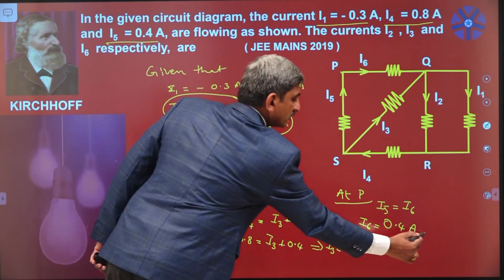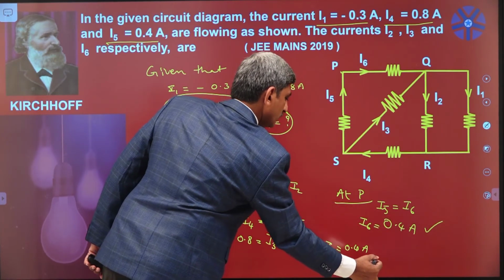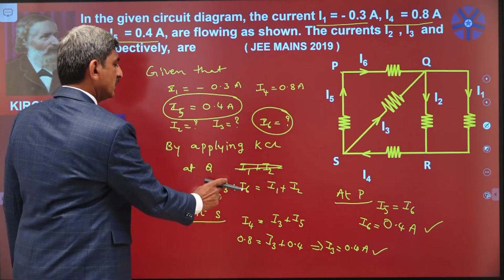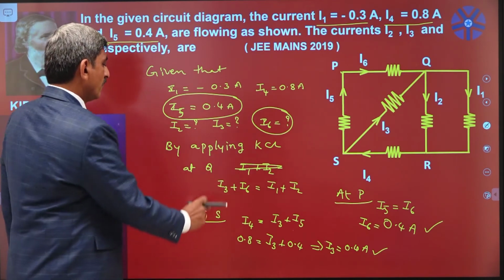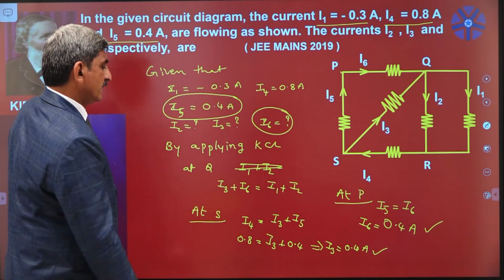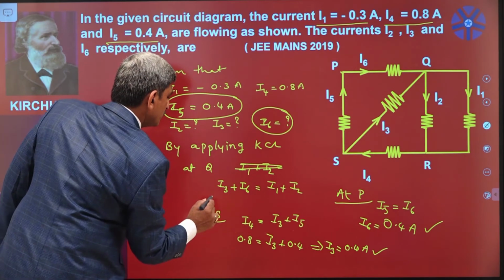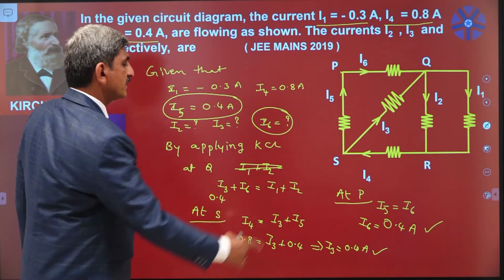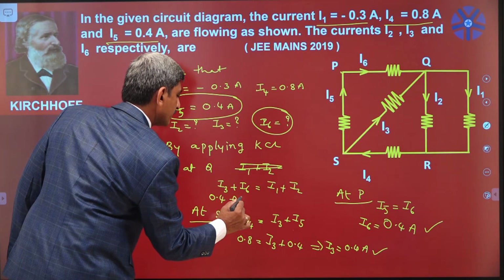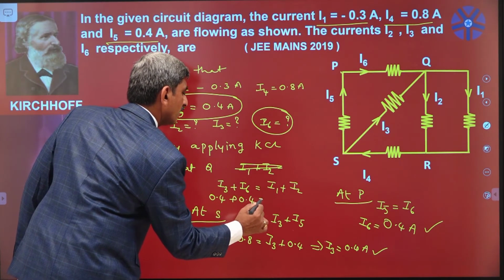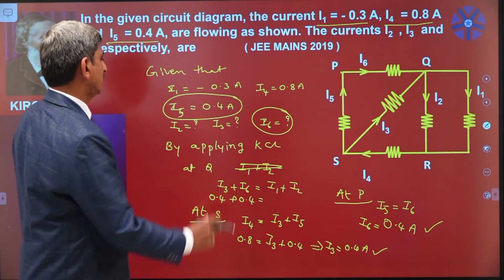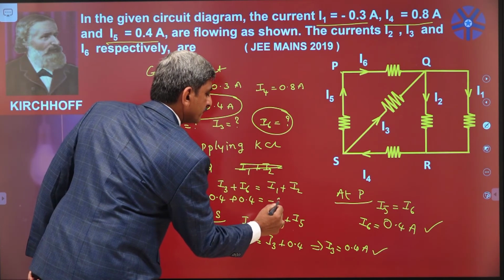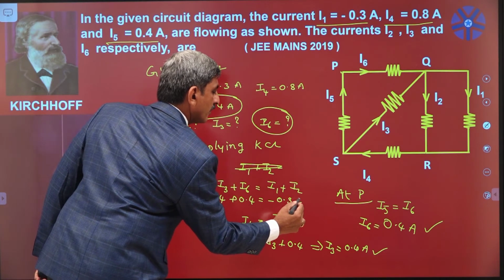So here we have I6 value, here we have I3 value. Let us substitute the values in this equation. What is I3? I3 is equal to 0.4 amperes. Next, what is I6? 0.4 amperes is equal to, what is I1? I1 is equal to minus 0.3 amperes plus I2.